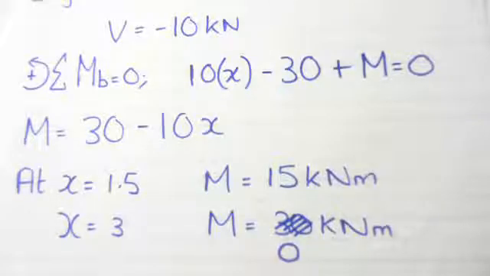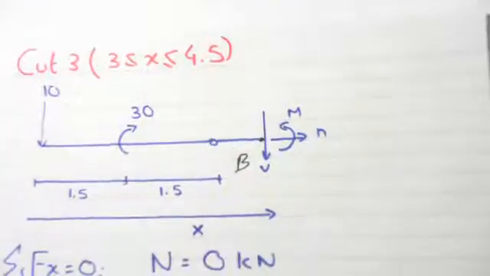Now our third cut is exactly like our second cut, except now the hinge comes into place. But technically there's no addition of external forces. The only thing we're adding is the hinge. So essentially, if we're adding the hinge and no other external forces, we're going to end up with the same equations as the previous cut, except now we're going to have different extremities.